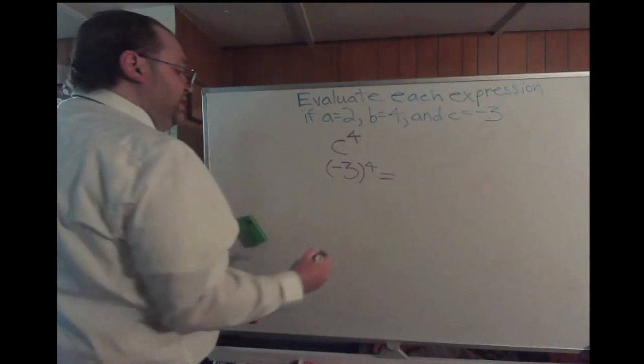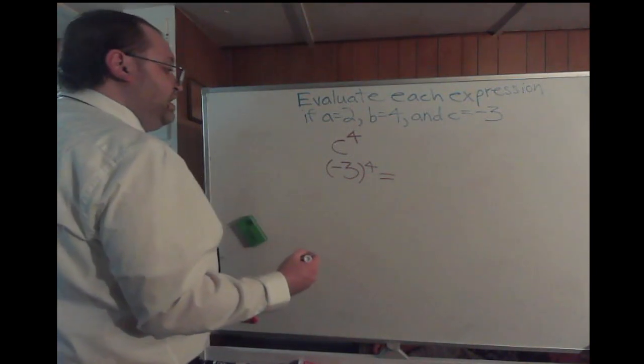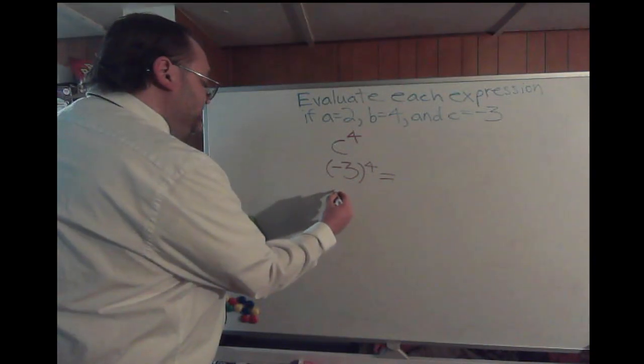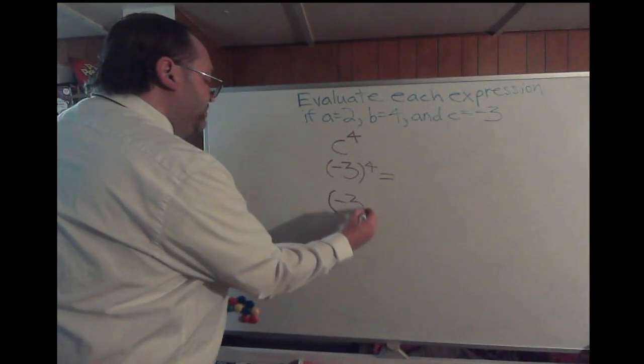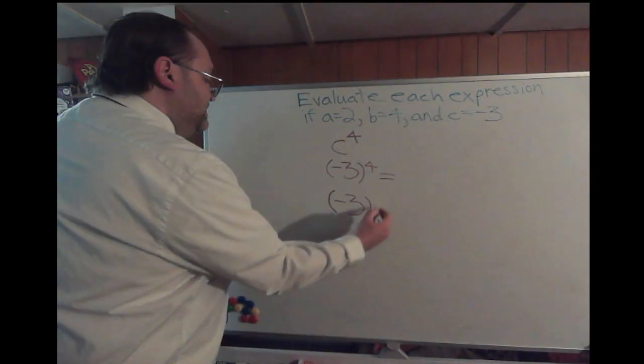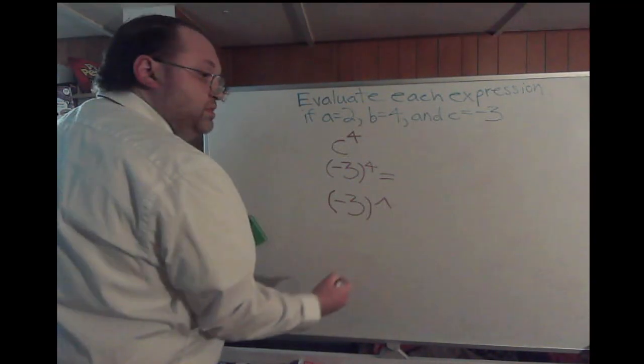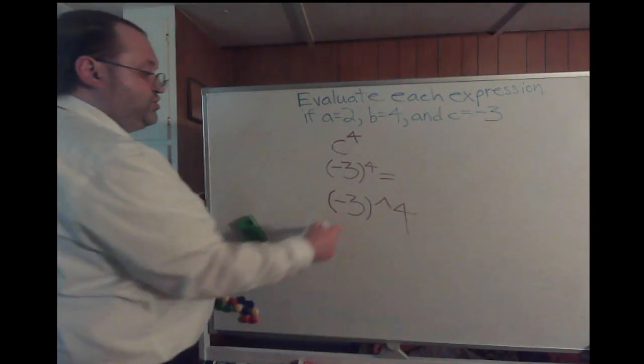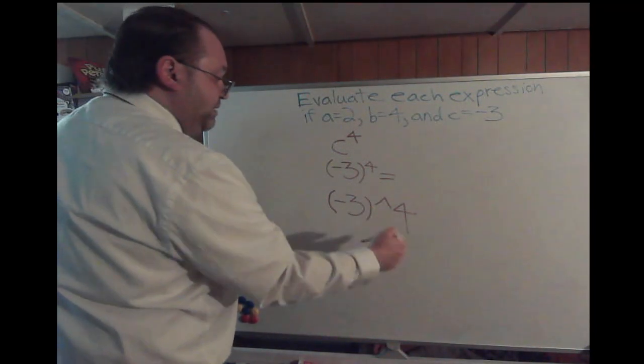We want to evaluate that. Well, how are you going to do that in your calculator? You're going to do, in parentheses, -3, parentheses, then the caret symbol, and then you'll have 4, because you're raising -3 to the 4th power.